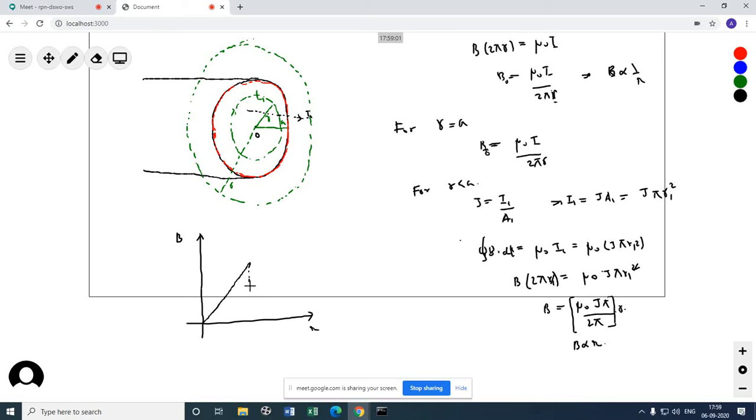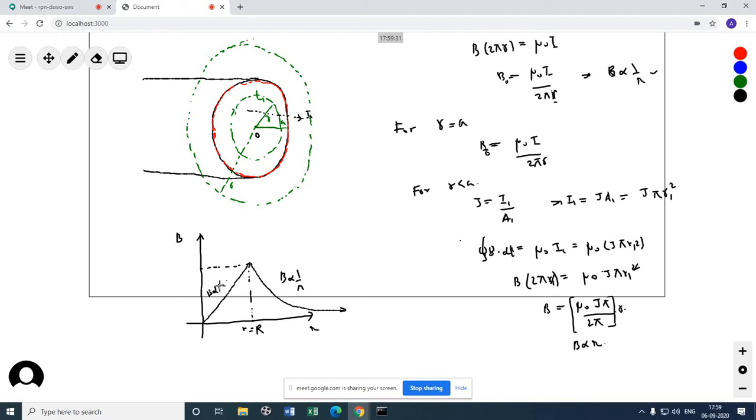Then it reaches the maximum value at the surface radius, and then it drops because it is inversely proportional. It will come down gradually. It will never meet the axis, but it will go towards infinity. B is proportional to 1 by R outside, and B is directly proportional to R inside.